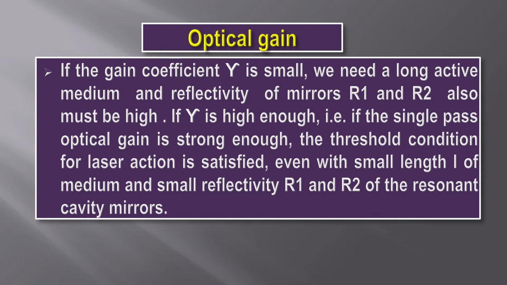On the other hand, if the optical gain is high, like a dye laser or a semiconductor laser, gamma is very high. Since gamma is very high, L can be even small, and R1, R2 can be very small. Even then the condition is satisfied, because of the single most important reason: gamma is very high.